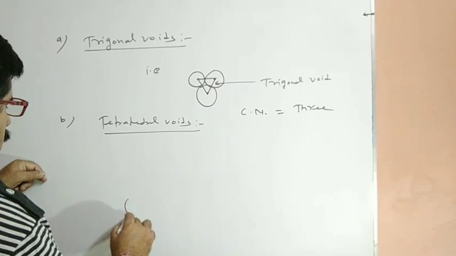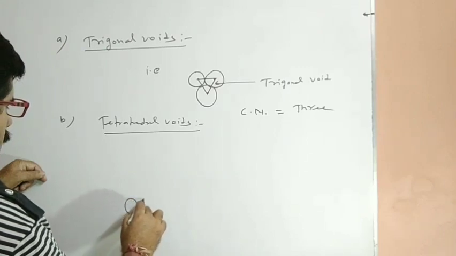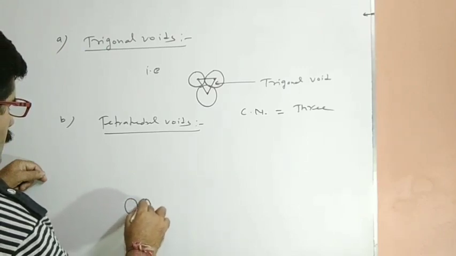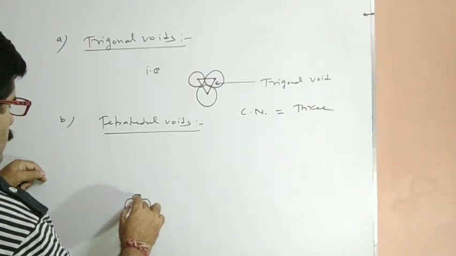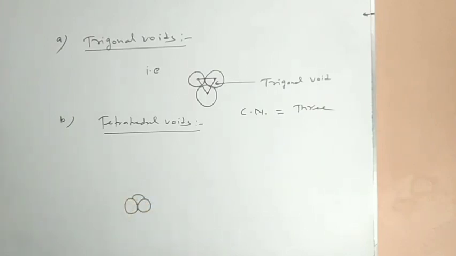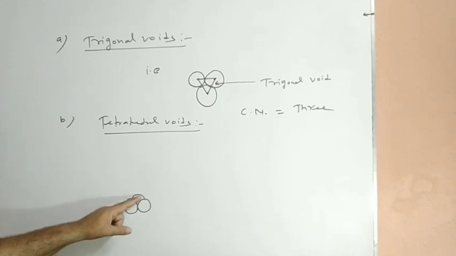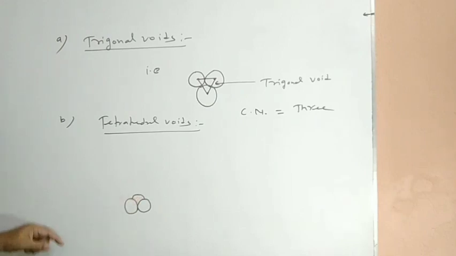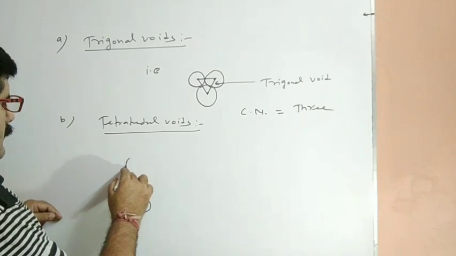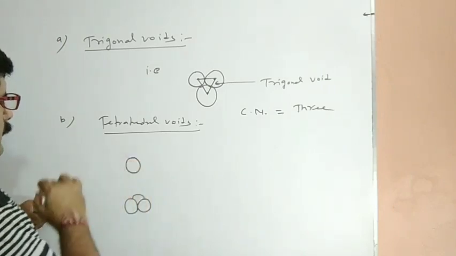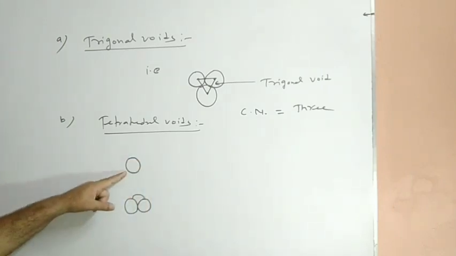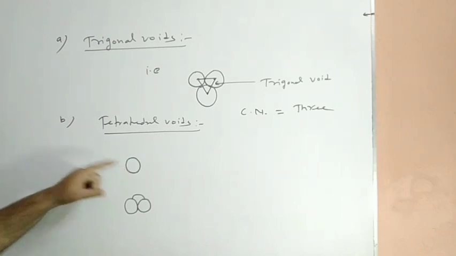Suppose we consider 3 atoms in the first layer, and the fourth atom we put here.